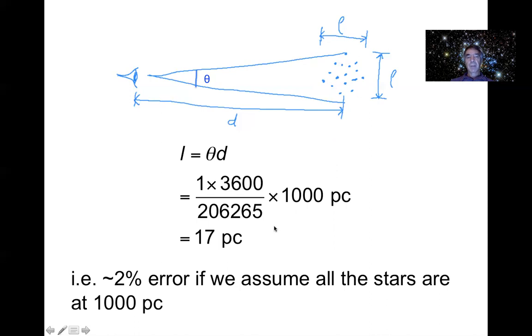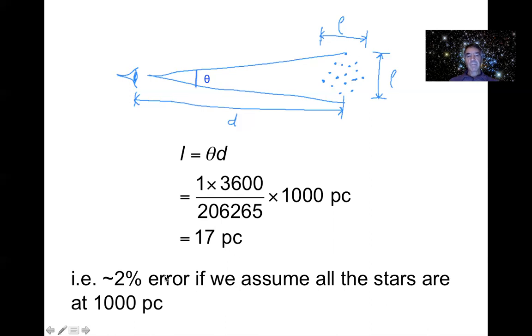Okay. So if you think about that now as a sort of percentage error on the distance, there's a spread of, say, roughly 20 parsecs across here on a total distance of 1,000. That's basically a 2% error in the distance going back into that absolute magnitude formula that we talked about earlier.